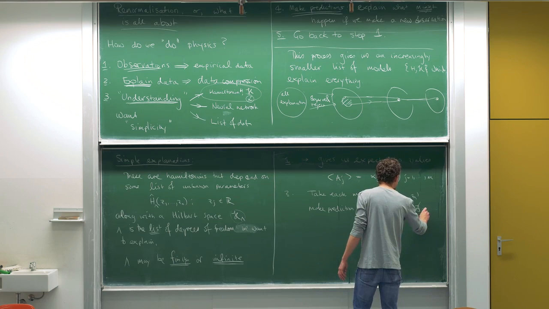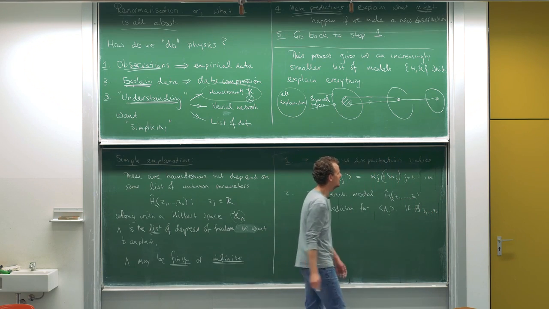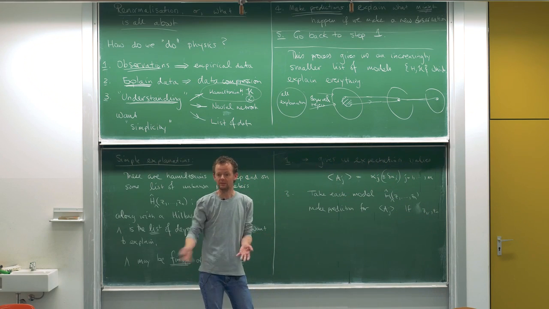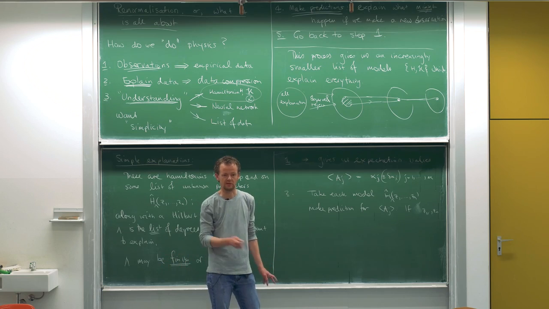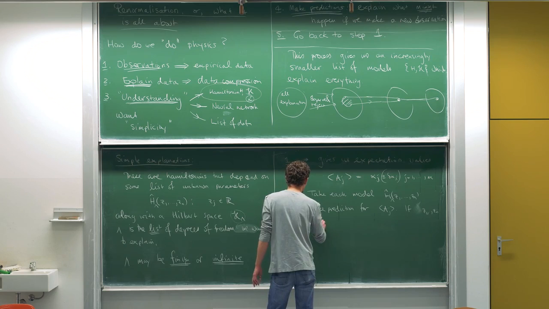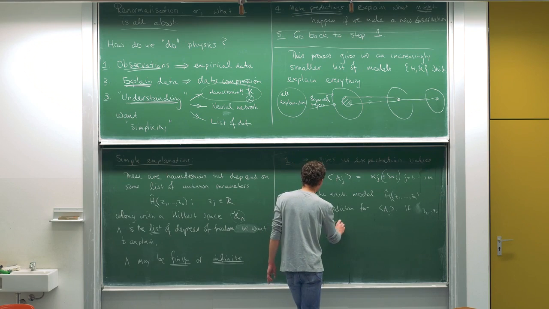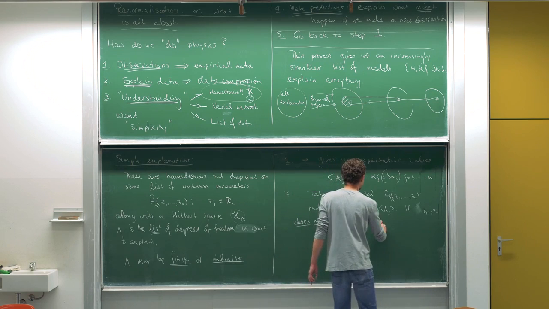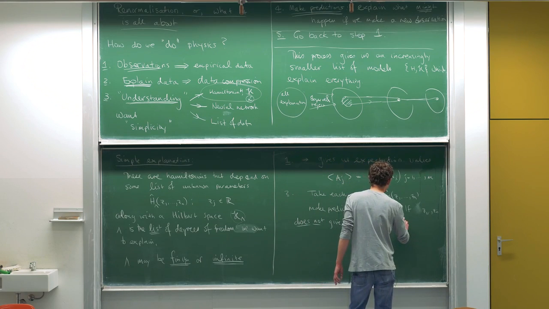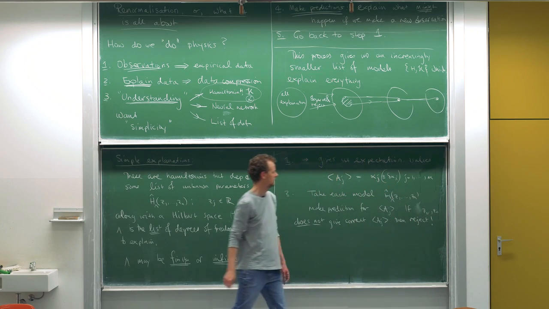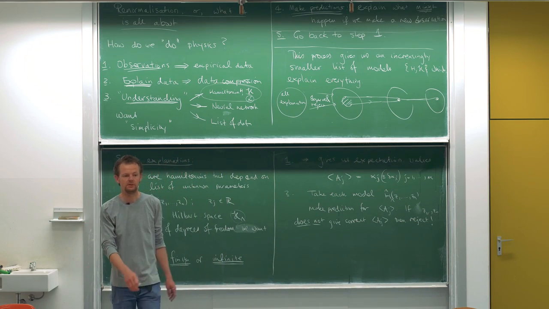If there does not exist a particular value of these parameters here that gives the right answers, then you reject that model. You just reject it. It's gone.